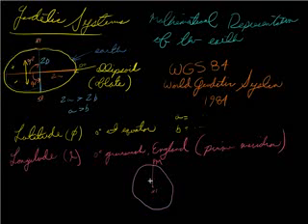A positive longitude is easterly of the prime meridian, so it's this way. That's a positive longitude, positive lambda. And negative is if you defined it west. If you went this way, that would be a negative lambda.